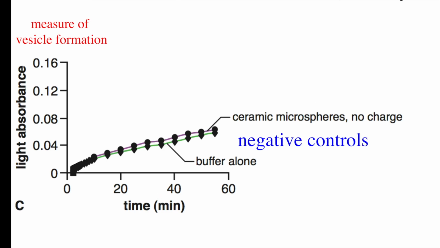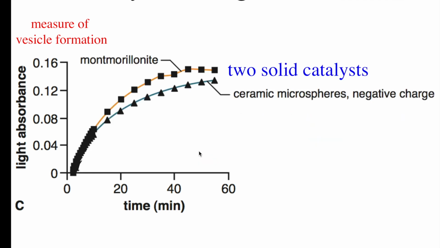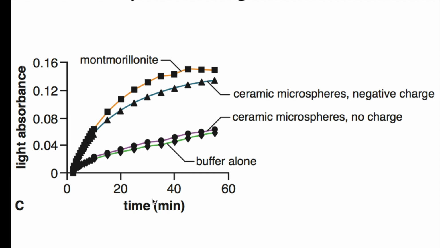And when added to ceramic microspheres, they get bigger. But if the microspheres have a negative charge on them, they get much, much bigger, faster. And the shape of these curves looks like the shape of an enzyme curve in terms of speed over time.